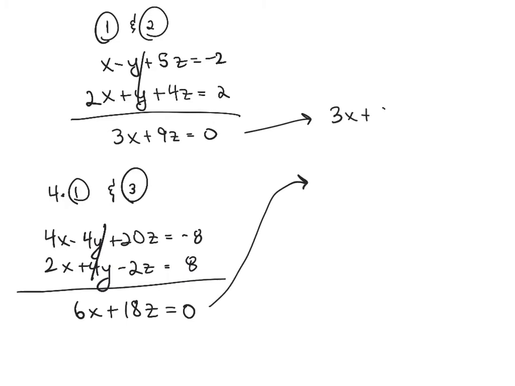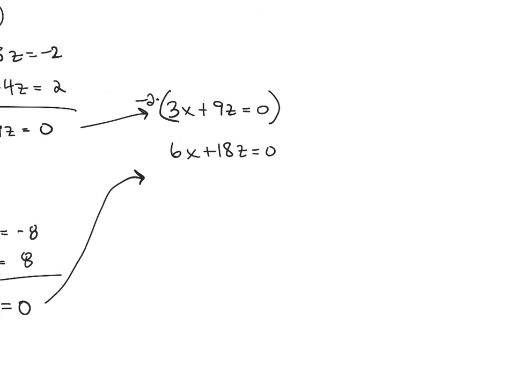So I take the result from step 1 and the result from step 2 and form a new system of equations. And I would multiply the top equation there by -2. So that would give me -6x minus 18z equals 0.